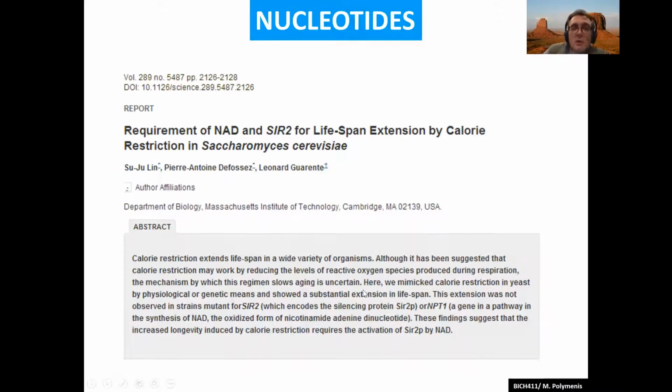Now, here I will diverge for a little bit and tell you how important NAD is. We've been talking about it as an electron currency, and that's by far the most broad use of the cofactor in the cell. But it turns out that it has some very interesting properties, and it is used by some enzymes in a different way.